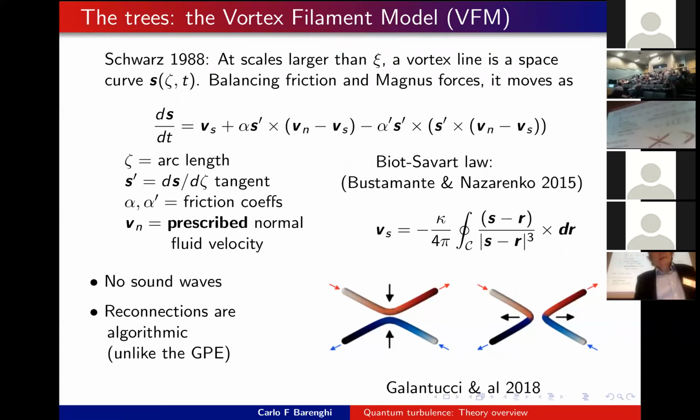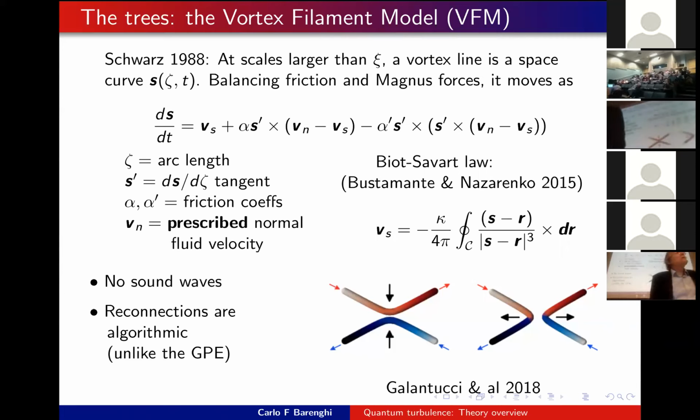He found that the motion of the vortex lines is given by this equation, which I can refer to as the Schwarz equation. There are three terms at the right-hand side. You see that there are two terms with parameters alpha and alpha prime.